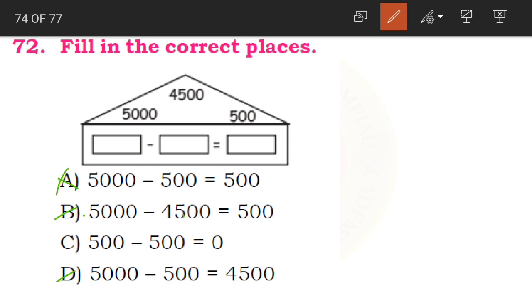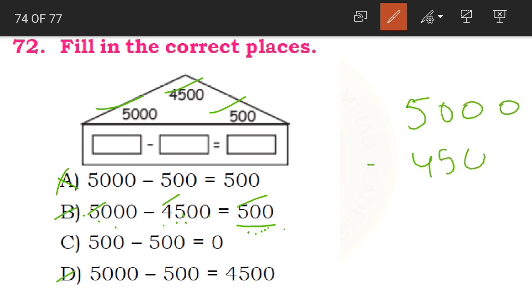Now coming to option B. 5000 minus 4500 is equal to 500. See, all the 3 numbers are used, right? 5000, 4500 and 500. Now let us subtract and see whether the difference is 500 or not. 5000 minus 4500. 0 minus 0, 0, 0 minus 0, again 0, 0 minus 5 is not possible, so what we'll do?